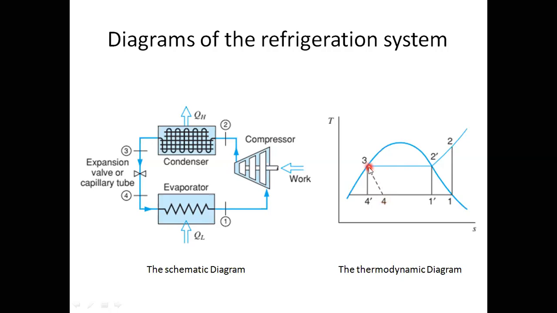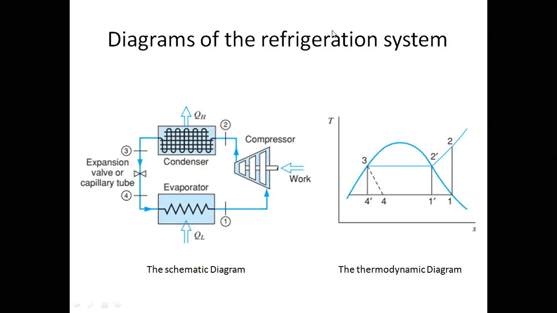Now we know that if we write the first law across this expansion valve or capillary tube, there is no heat interaction, there is no work interaction, and we assume that kinetic energy and potential energy changes to be zero.